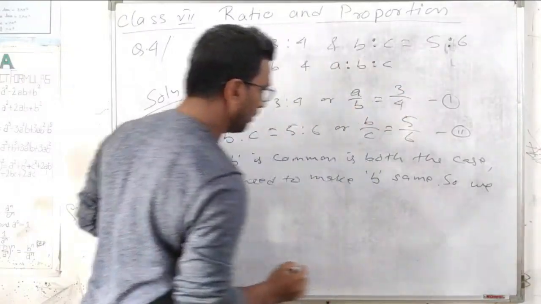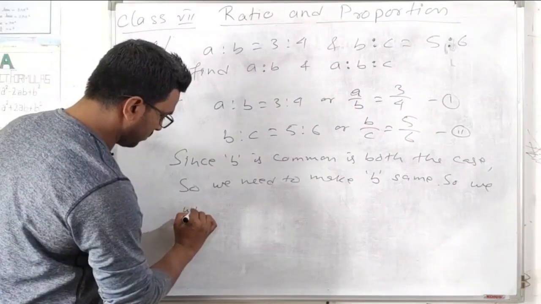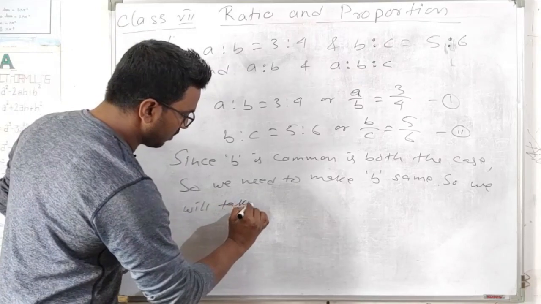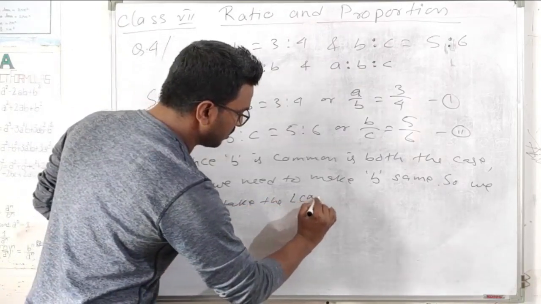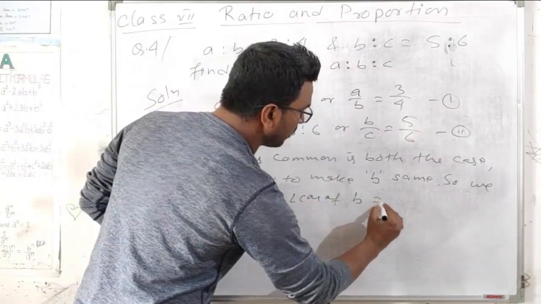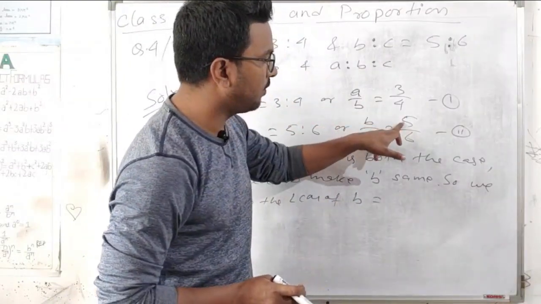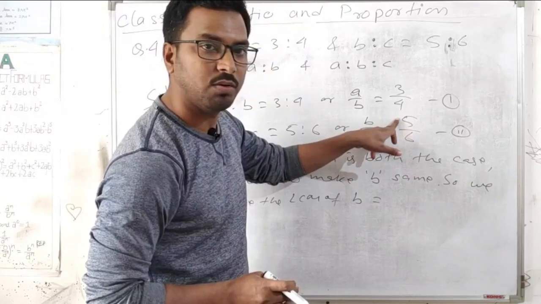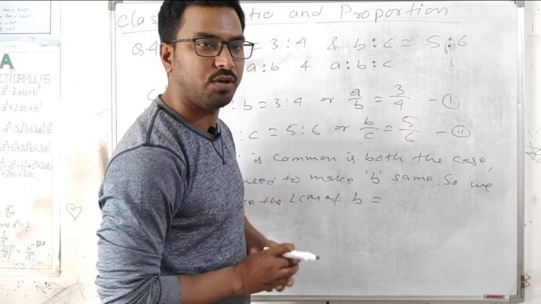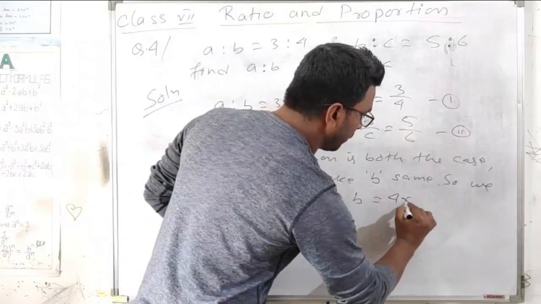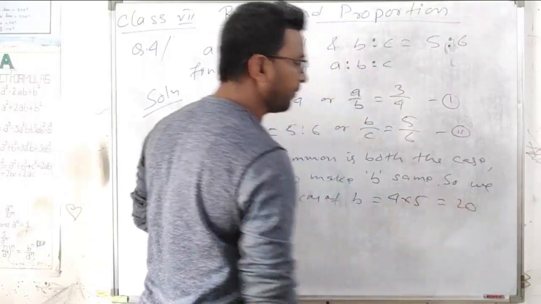So we will take the LCM of B. Here B is 4 and here B is 5. So the LCM will be 4 into 5, that is 20.